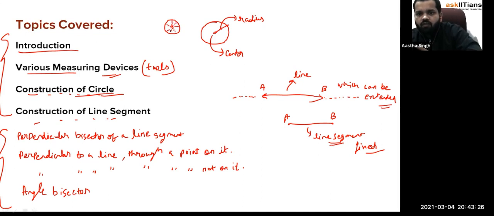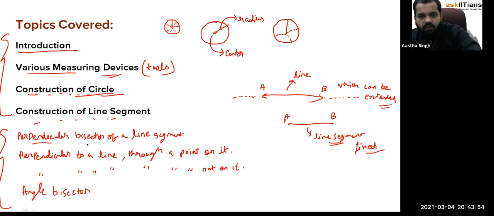The wheel of your bicycle or bike is in the form of a circle. The pizza you eat is also in the form of a circle. The point at the middle is known as the center, and the fixed distance is known as the radius.